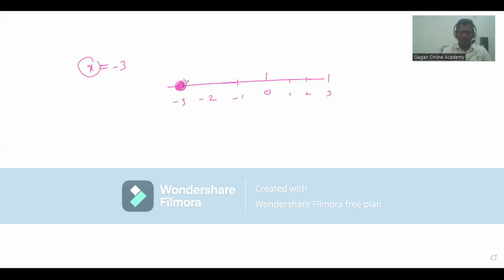Only this element is the solution for that. For this only one solution, we have to write minus 3 and we have to take the flower bracket. So how do we use the flower bracket? Whenever we have solutions like this, only shaded, for that we use this set, that is, flower bracket minus 3.